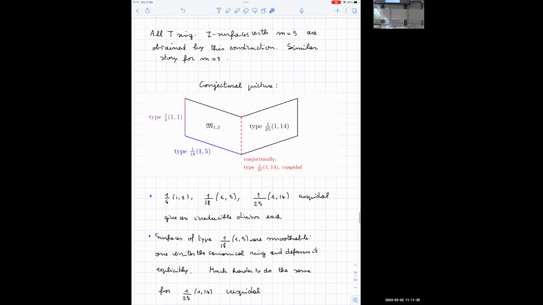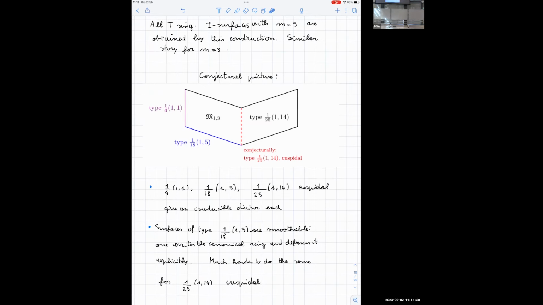Of course, smoothability is not a very simple thing to show. We did it directly. You write down the canonical ring of these surfaces and then show that it can be smoothed out. But it's far from trivial. I can say it because I'm not the one who uses the canonical rings.